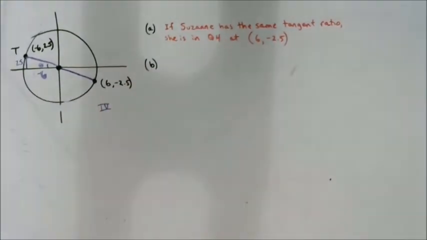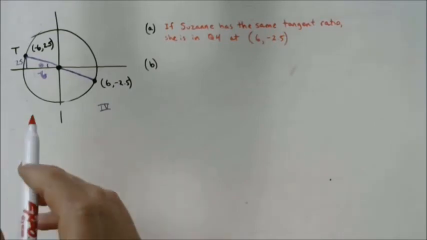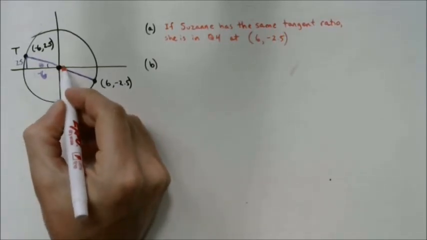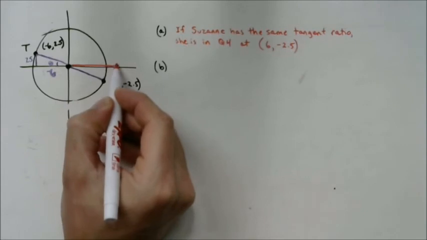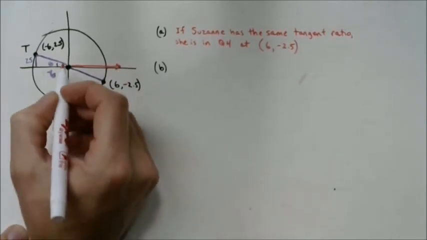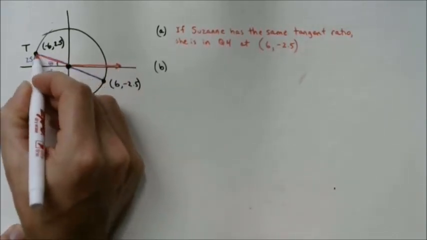B. B says find the angles in standard position if the lines drawn from City Hall to each of the two houses are terminal arms. Round your answers to the nearest degree. So now we have an initial arm here, and we have one terminal arm going to Ted's house.